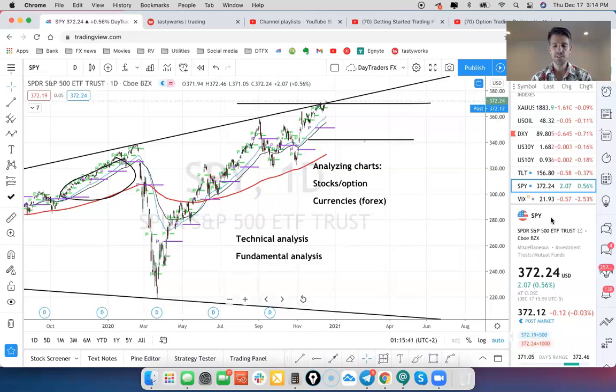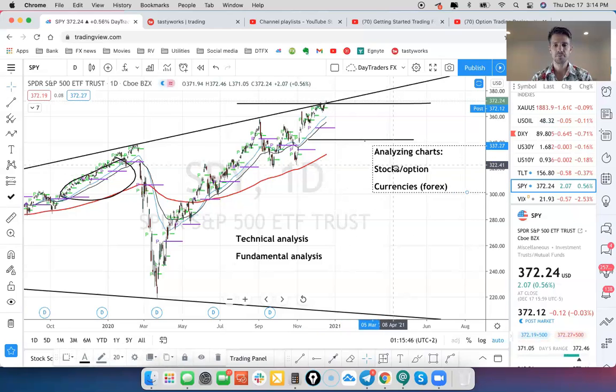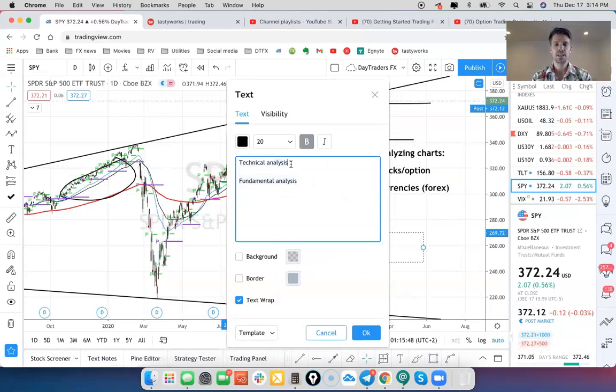Technical analysis is going to be a big focus on historical data, and that's going to basically consist of trends, support, resistance, patterns, etc. That's basically what technical analysis is.